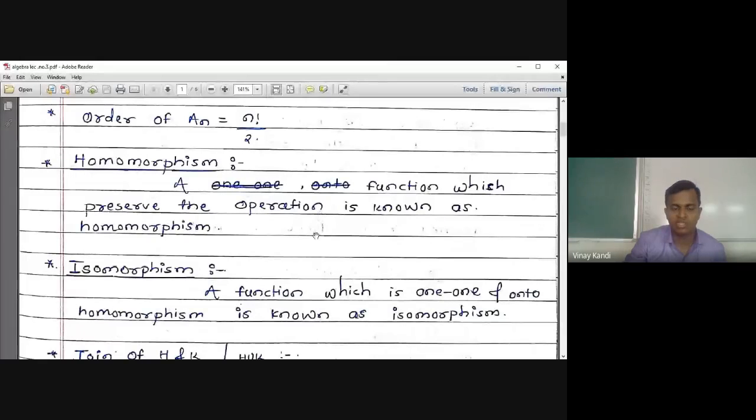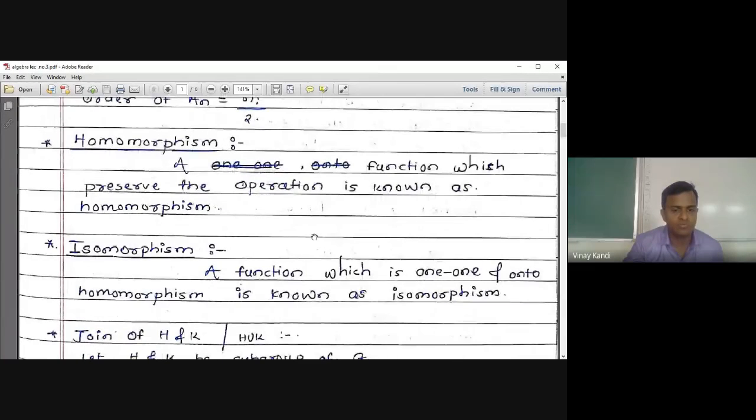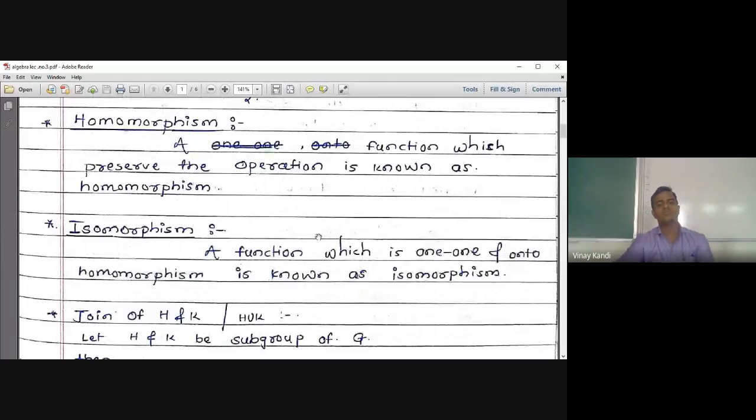All the properties of domain and codomain are the same. Now the next definition is isomorphism. The function which is one-one and onto homomorphism is known as isomorphism.